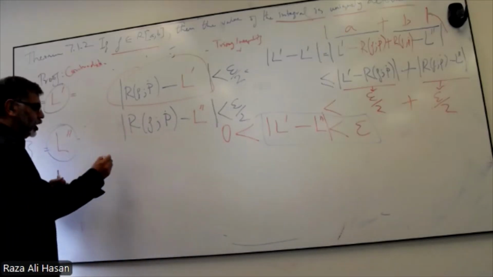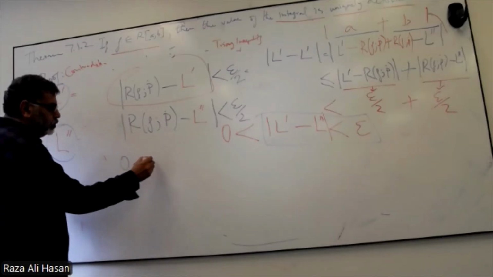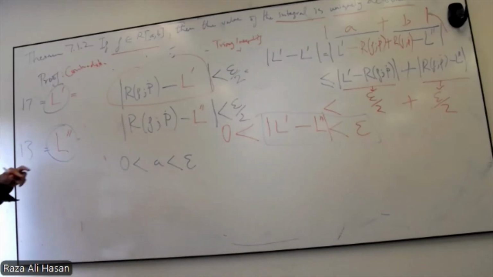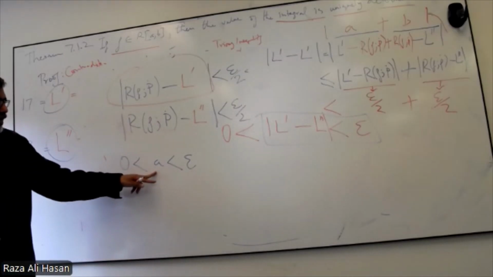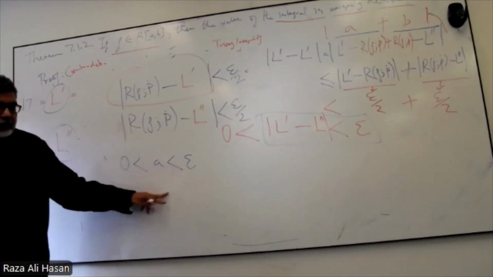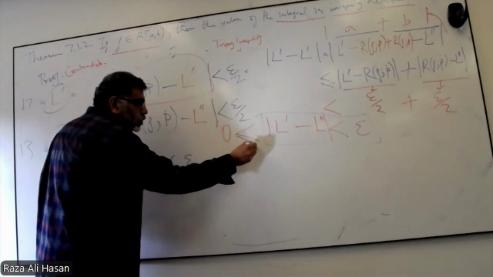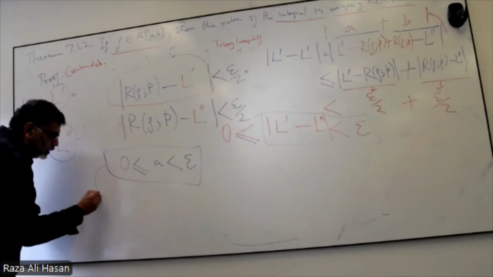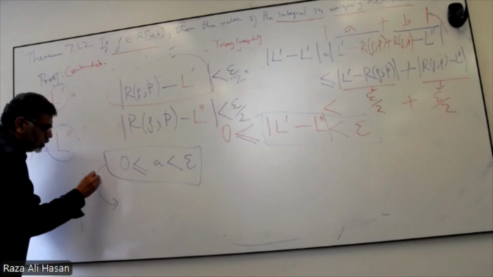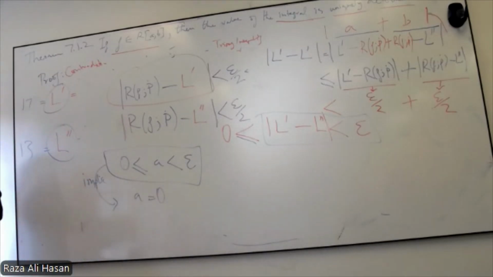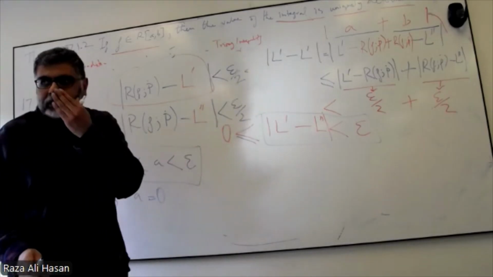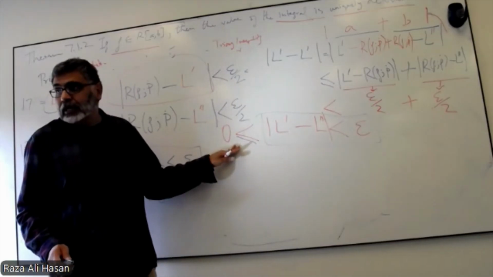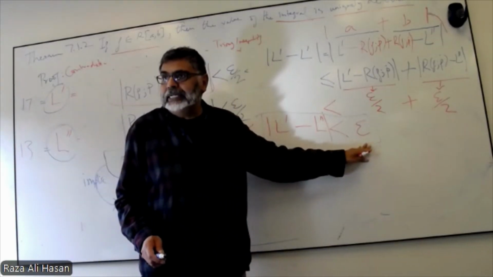If you have a situation where you have a number here, that means that if A is between 0 and a very small positive number, but still greater than or equal to 0, then this implies that A is actually equal to 0. If we have ended up with a situation where our A is this thing in the middle, it is a positive number, and it is less than a very small, tiny positive number.